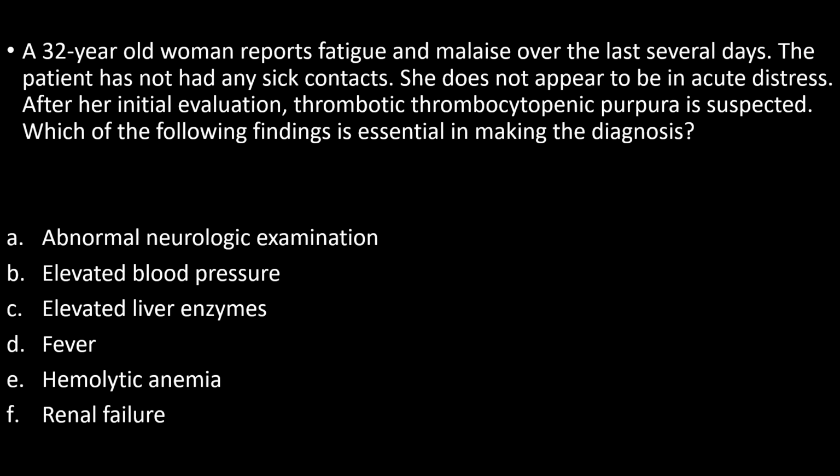Thrombotic thrombocytopenic purpura, TTP, is one of the primary thrombotic microangiopathies, which are characterized histopathologically by thrombi in arteriolar and capillary microvasculature. Hallmarks of the diagnosis are microangiopathic hemolytic anemia, which is a non-immune hemolytic anemia with schistocytes, and thrombocytopenia without any other obvious cause.